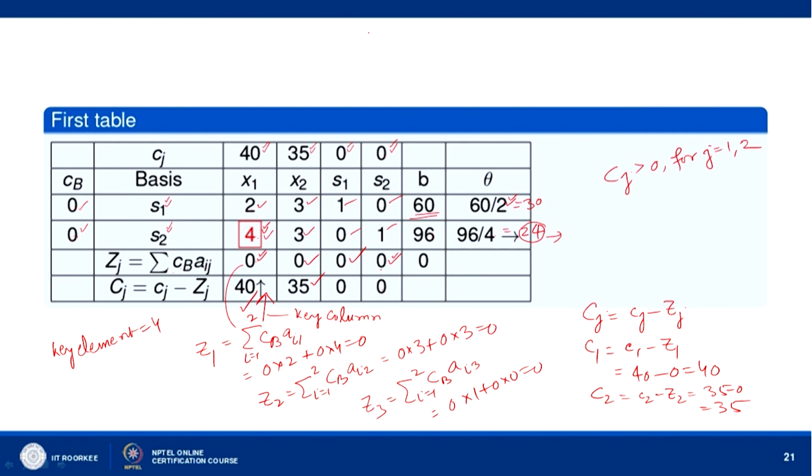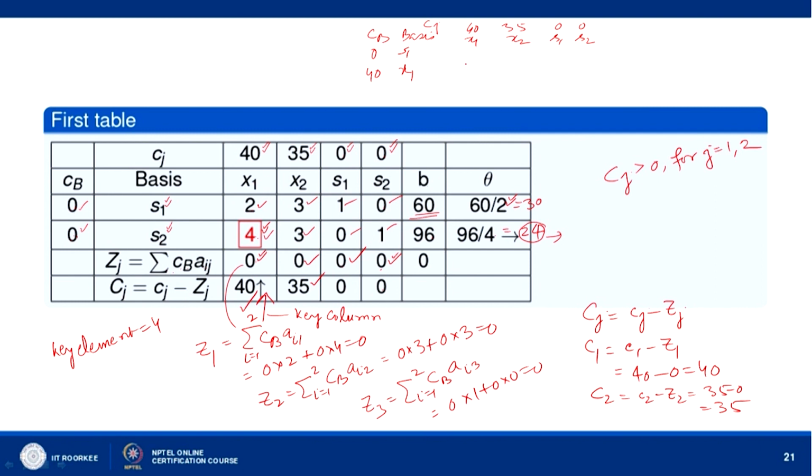So, in the next simplex table we will have CB, and in the CB we will get 0 here and 40 below it, and in the basis we will get S1, and here in place of S2 we will get x1. Then Cj will be 40 as such, 35, 0, 0, and here we will have x1 x2 s1 s2, and we divide it by 4.